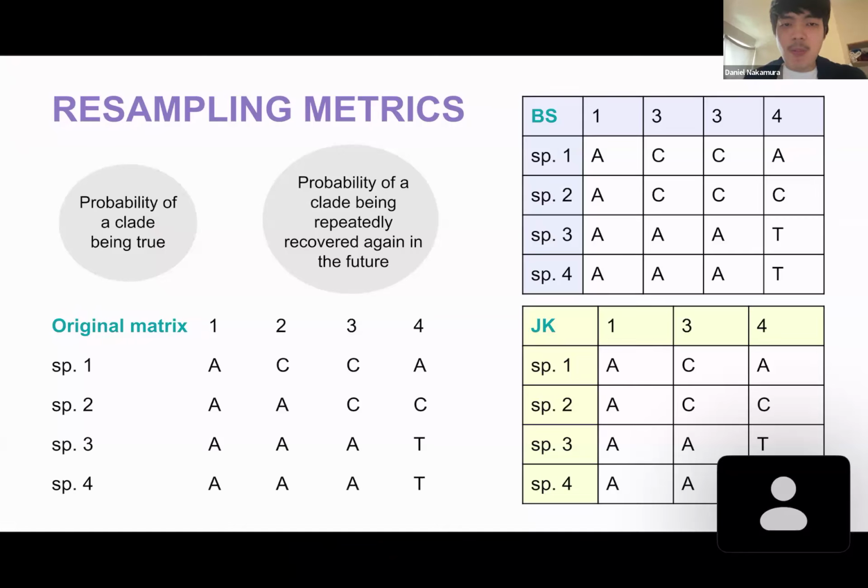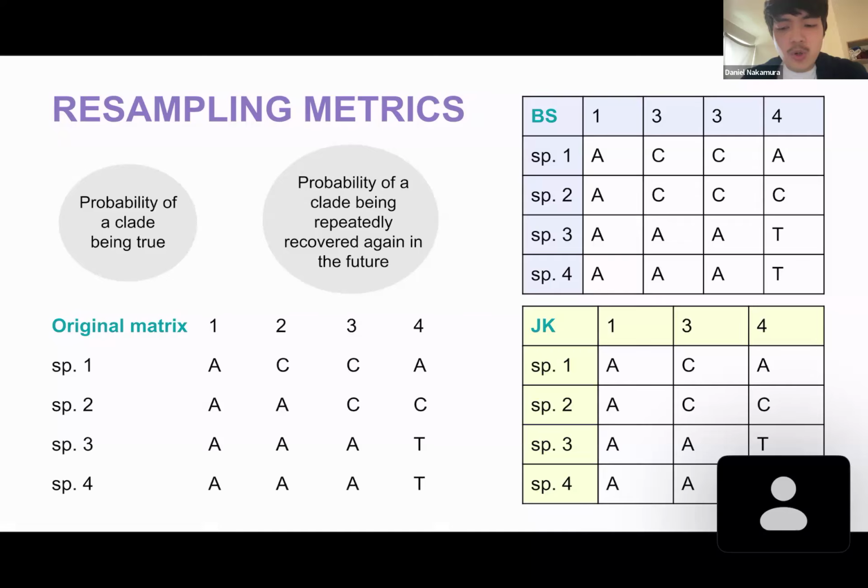Resampling metrics are more popular nowadays in phylogenetics, and specifically, high values of bootstrap are often interpreted as an indicator of either a high accuracy, that is a high probability of a clade being true, which is a naive approach because we don't know the true phylogeny. Another interpretation is a high repeatability, which is the probability of a clade being repeatedly recovered again, given resampling or perturbation of your characters or the addition of new data in the future.